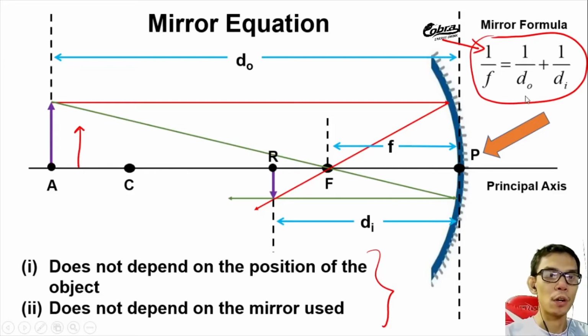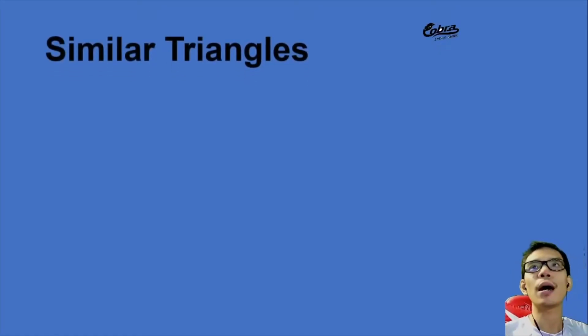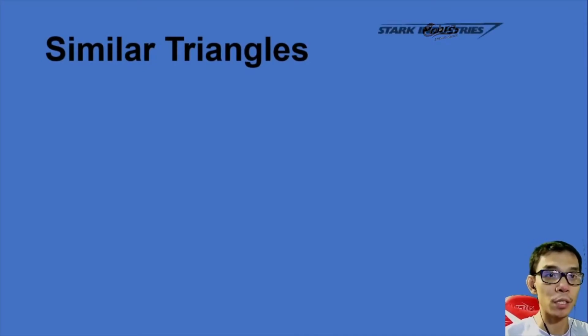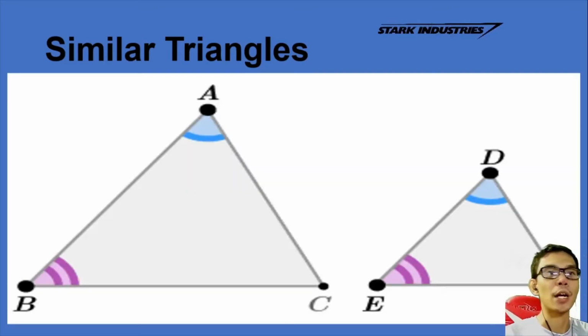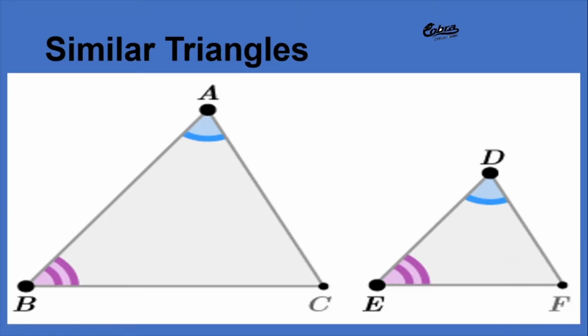To answer that, we need to recall some basic math concepts, especially in geometry. We call it similar triangles. We all know that similar triangles are triangles with the same shape. To call it a similar triangle, two triangles must have the same shape.